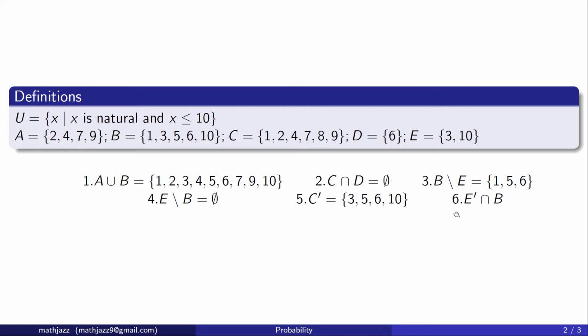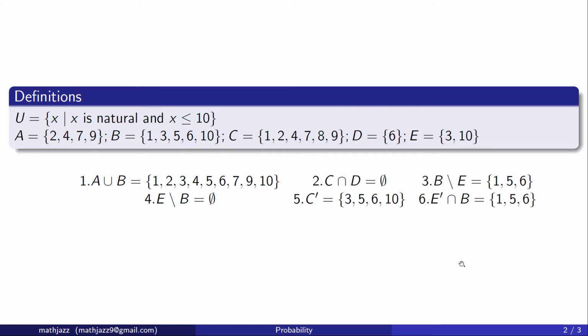And now we want E complement intersect B. So that's all the stuff that is not in E, but is also in B. So the things that are not in E are 1, 2, 4, 5, 6, 7, 8, and 9. We say, well, what of those are also in B? Well, 1 is, and 5 is, and 6 is. So we get the set {1, 5, 6}.